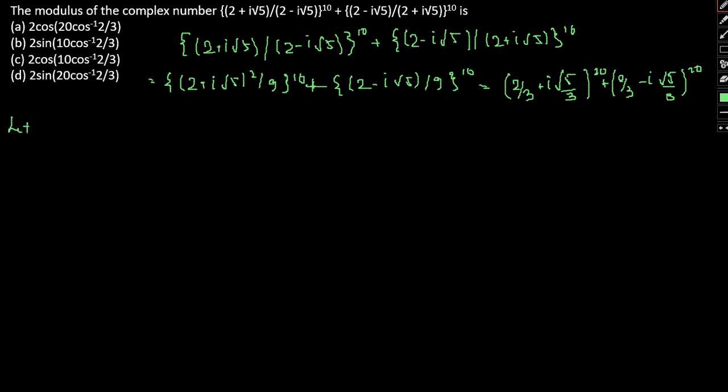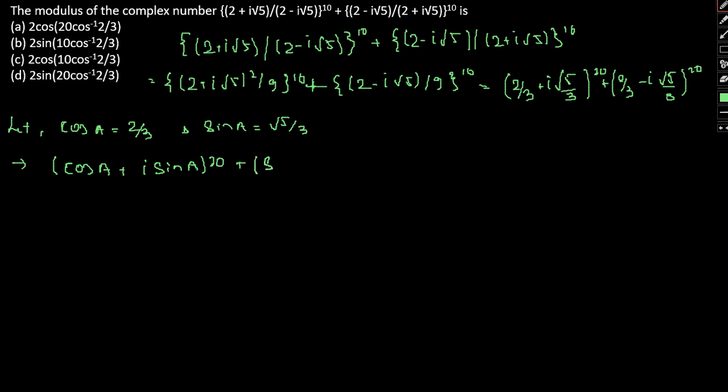Now let cos A equal to 2 by 3 and sin A equal to root 5 by 3. So therefore the expression will simply become (cos A plus i sin A) to the power 20 plus (cos A minus i sin A) to the power 20.